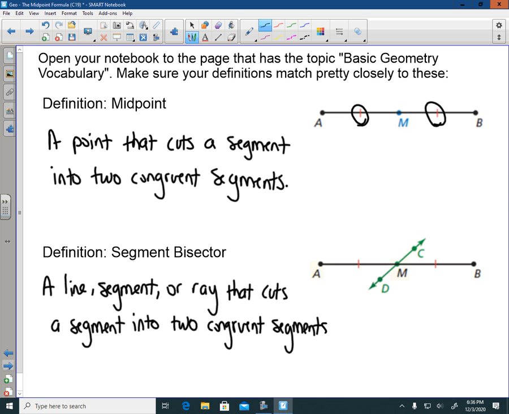A segment bisector does the same thing as a midpoint, but it's not a point. It's some other object. It's going to be a ray, a segment, or a line.